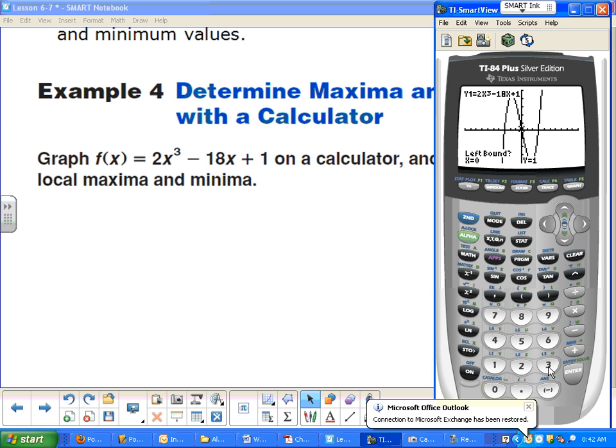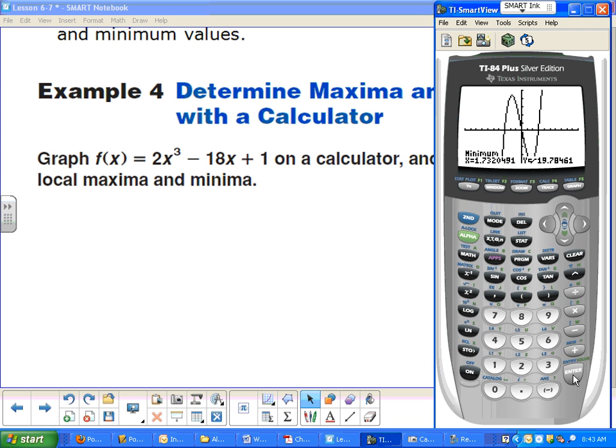If I use 0 as my left boundary, the other zero looks to be at about 3, so I could use 3 as my right boundary. I know that's the only minimum between them, so I can hit enter, and it tells me that my minimum is at x equals 1.73 and y equals negative 19.78.